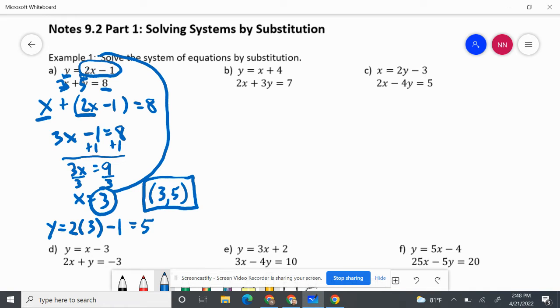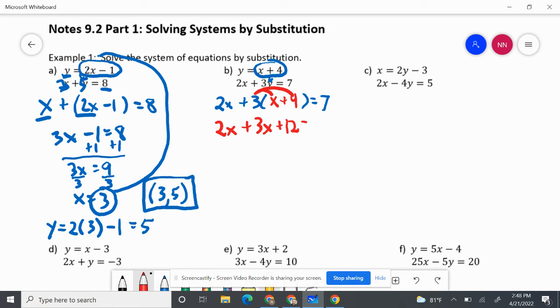Let's look at our second equation. We see the y by itself, so I'm going to take the expression x plus 4 and replace it with the y. So I have the 2x, I have the plus 3, but instead of a y, I'm going to replace it with the x plus 4. I'm going to distribute the 3 to each of the terms, and so I have 2x plus 3x plus 12 equals 7. These two like terms would be 5x plus 12 equals 7.